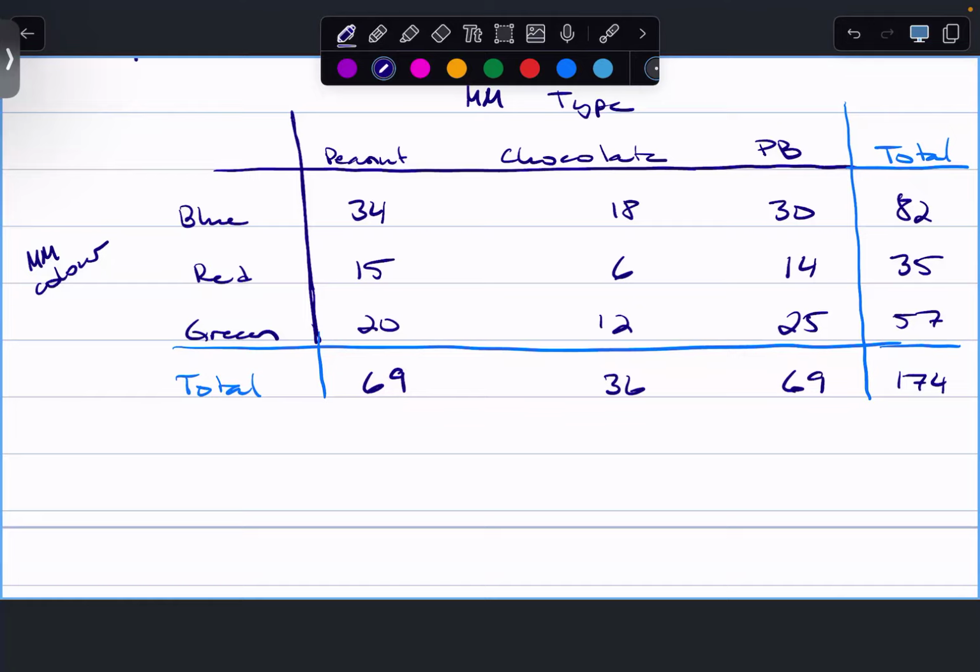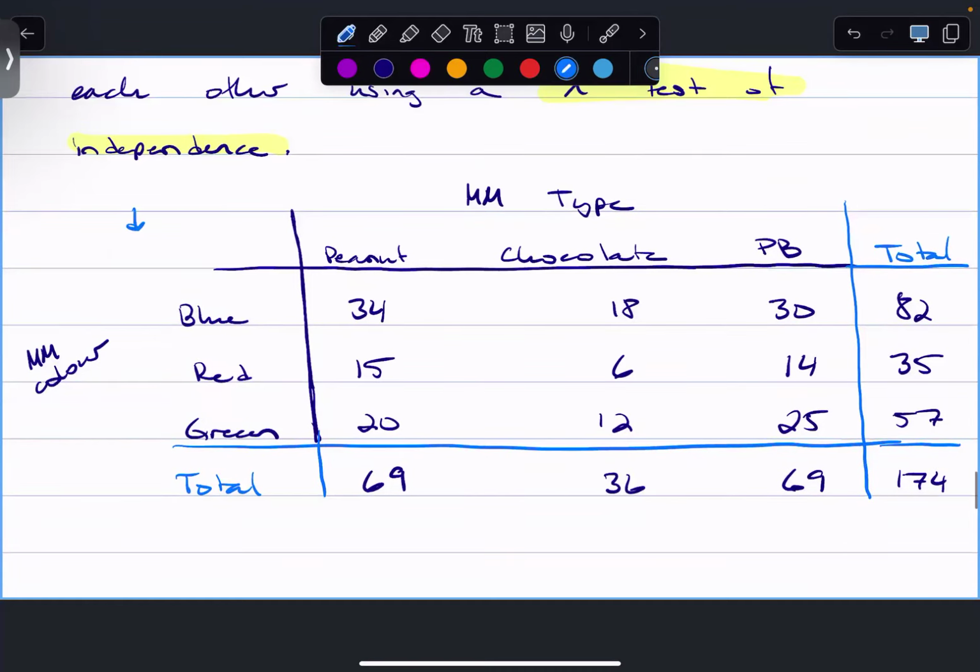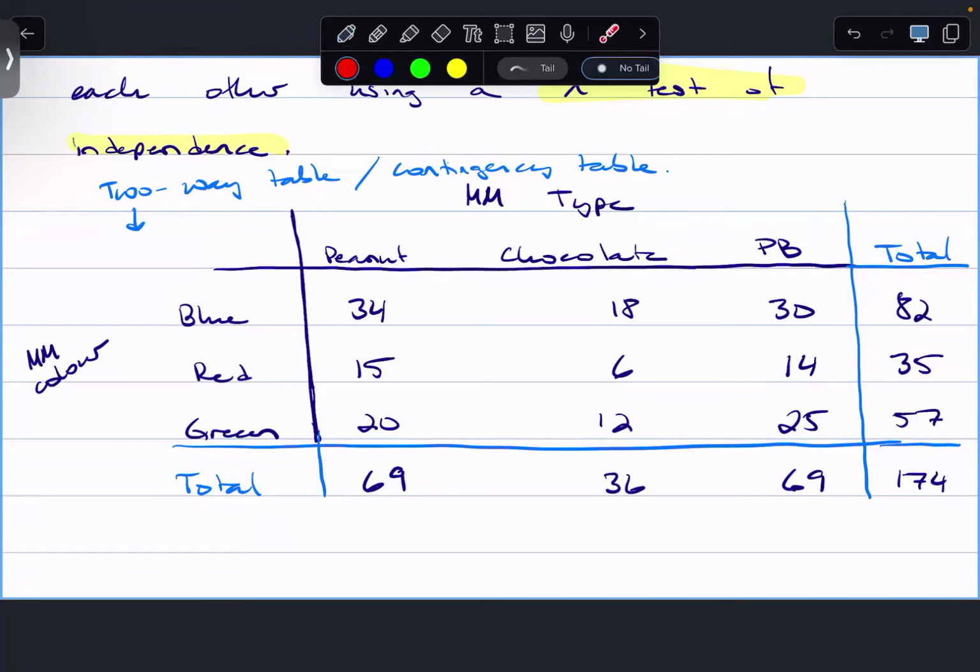All right. So what we can test, so this is called a two-way table or a contingency table. We have these counts, and when we have these, what we're interested in is whether the distribution of the colors is independent of the distribution of the types, right?